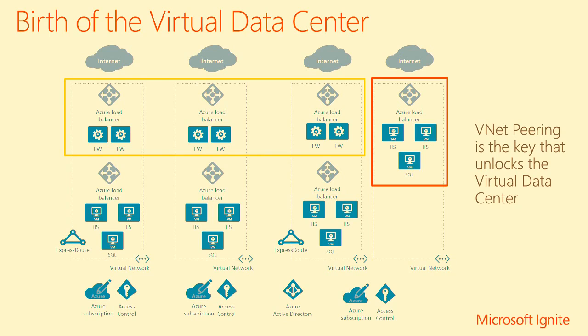A VNet is a virtual network that you create in Azure. If you host a virtual machine in that virtual network, that virtual machine is able to connect to all the virtual machines in the same virtual network. As simple as that. Now, when it comes to connecting that virtual machine to a virtual machine in a different VNet, that's when we are talking about how do we do it.